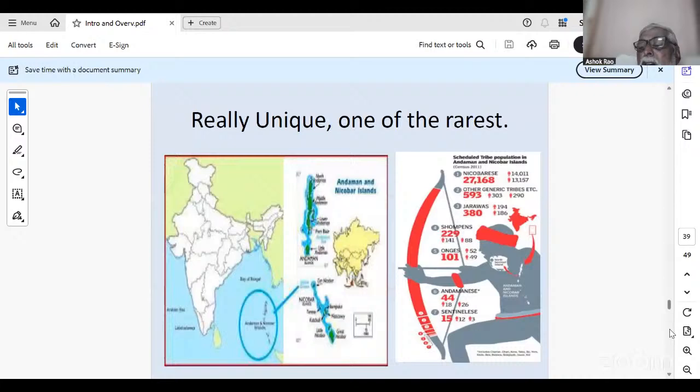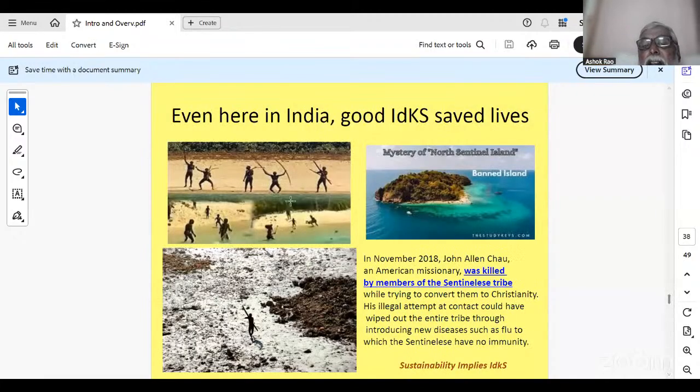And this is interesting because the North Central Island of Andaman, they survived the tsunami which killed people in Nagapattinam, Puducherry, Tuticorin in India, because they have a very good culture, practice, knowledge acquired over thousands of years.